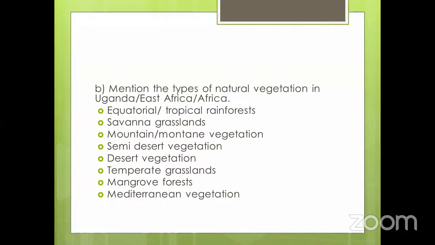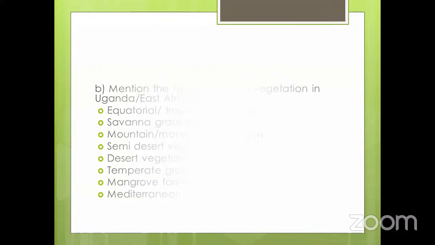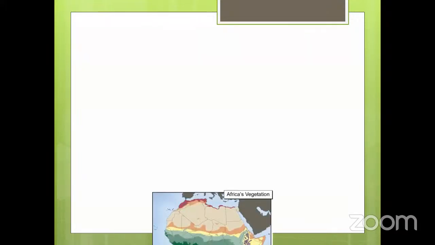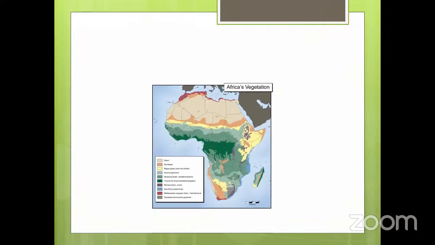Maybe I want to show you the map of Africa that shows all the types of natural vegetation. For those who are in P7, our map of Africa is there. It shows different vegetation zones. Sometimes they call them vegetation zones, or sometimes types of natural vegetation.